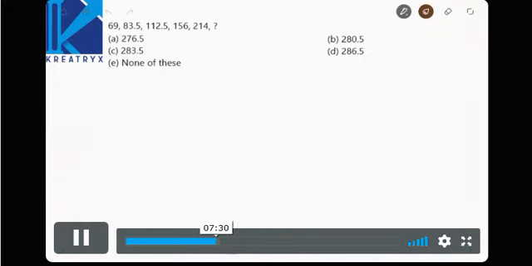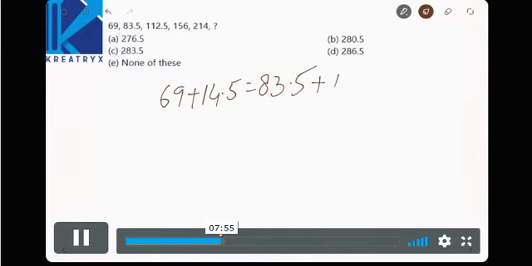Next question. 69, 83.5, 112.5, 156, 214. Find out the next number. So how will the number be found? See here. 69 plus 14.5 will give you 83.5. Now observe the things here. 83.5 plus 14.5 into 2 will lead you to how much? 29.